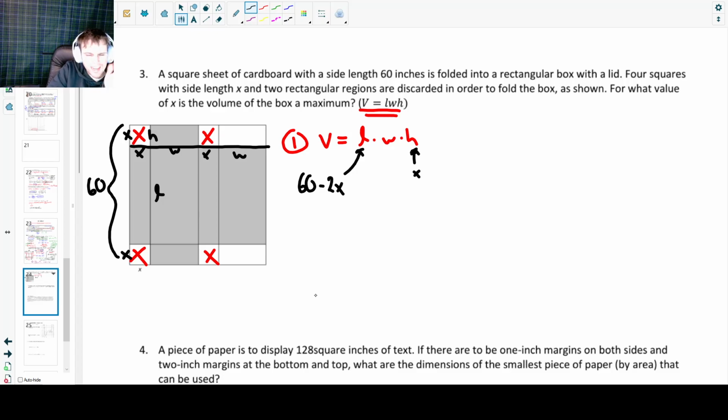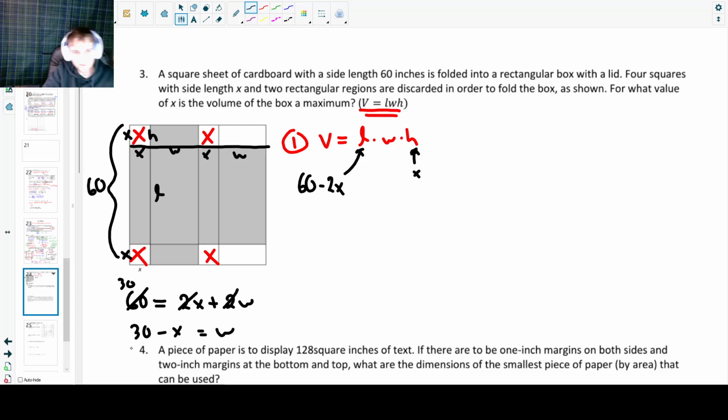So I have a little bit of an equation: 60 equals 2X plus 2W. I can divide everything by 2, so I get 30 equals X plus W. Then to solve for W, 30 minus X equals W. Cool. So W equals 30 minus X.